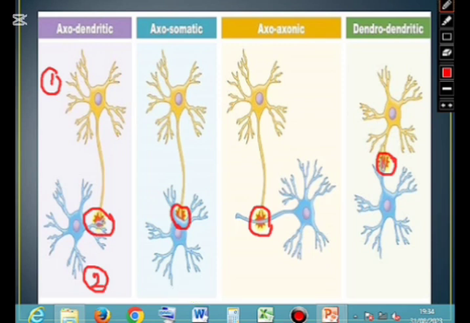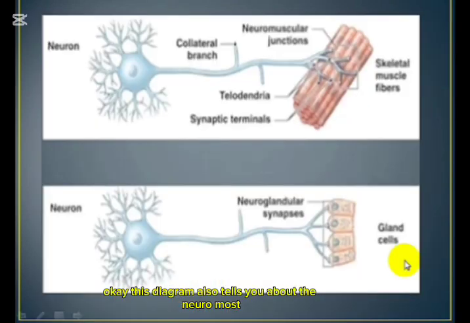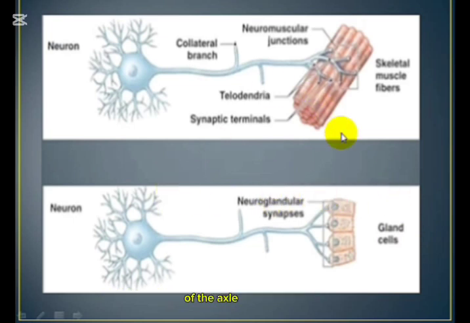Anyways, so going on, we have talked about the different types of the neuronal synapse. And that was well understood. Okay, this diagram also tells you about the neuromuscular junction or synapse. So you will see here that it is formed between the axon of the nerve cell and the muscle fiber.